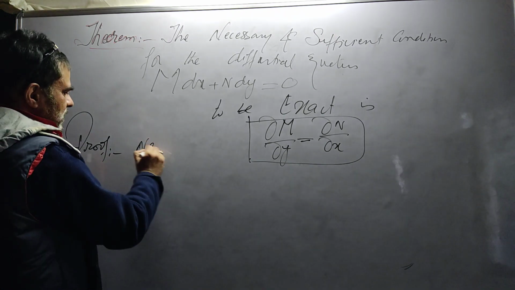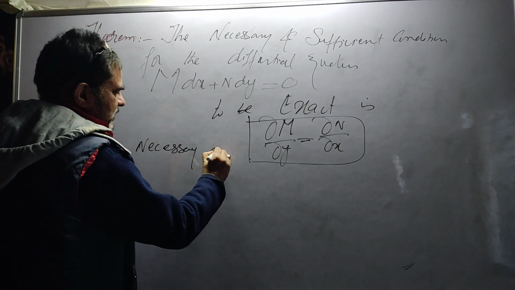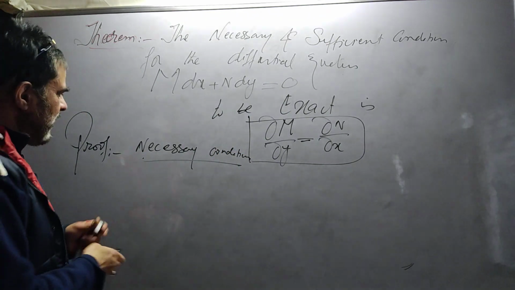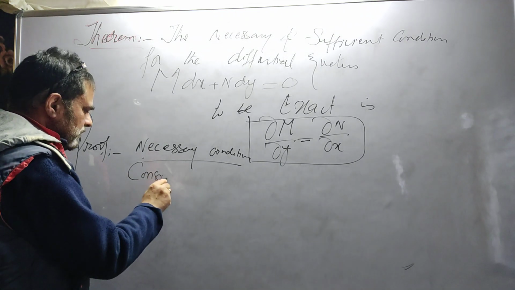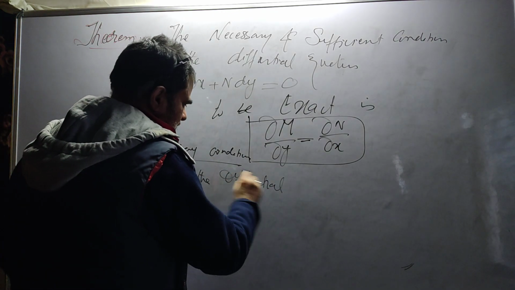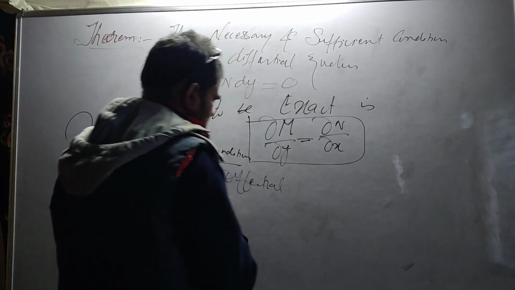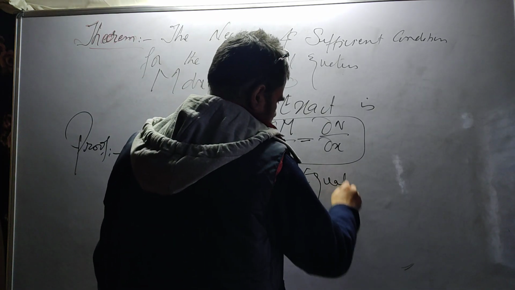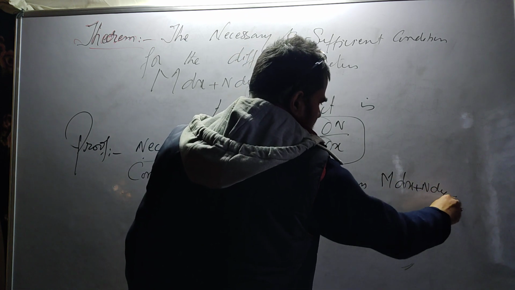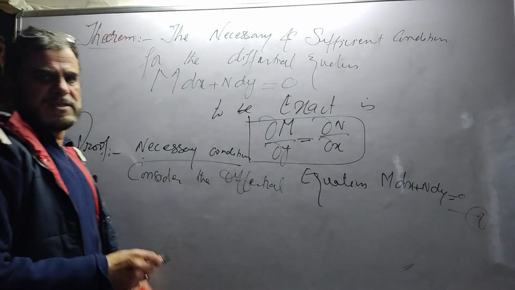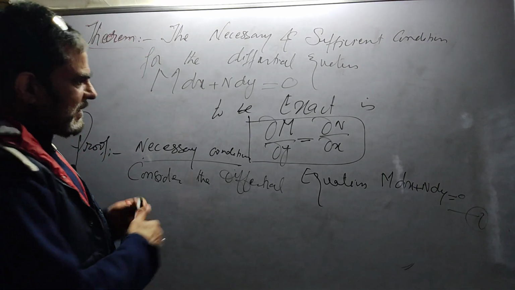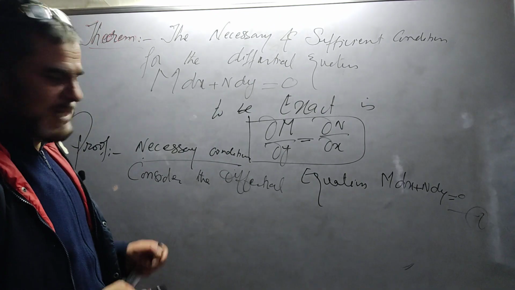In the proof, we have the necessary condition. How do we proceed in the necessary condition? We will write, consider that differential equation M dx plus N dy equal to 0. Now for the necessary condition we will take for granted that this differential equation is exact.